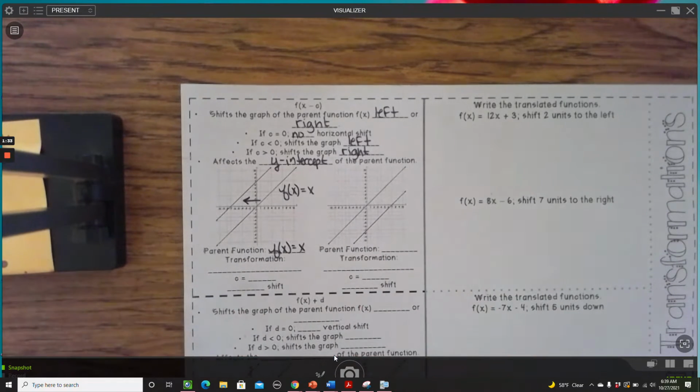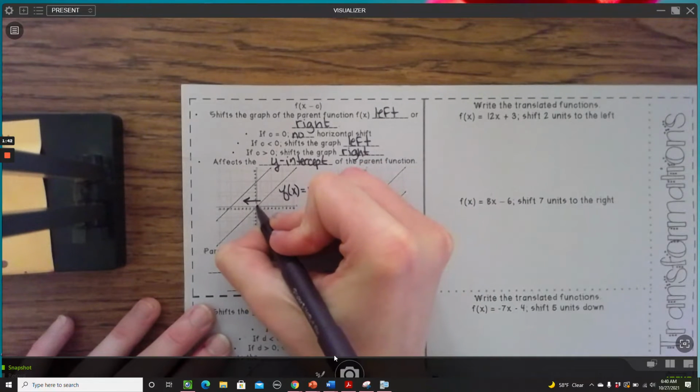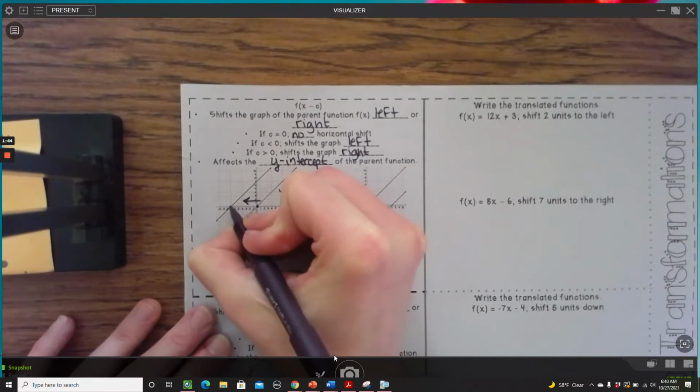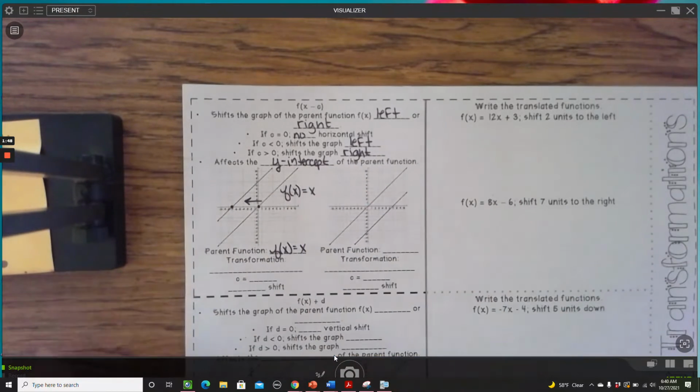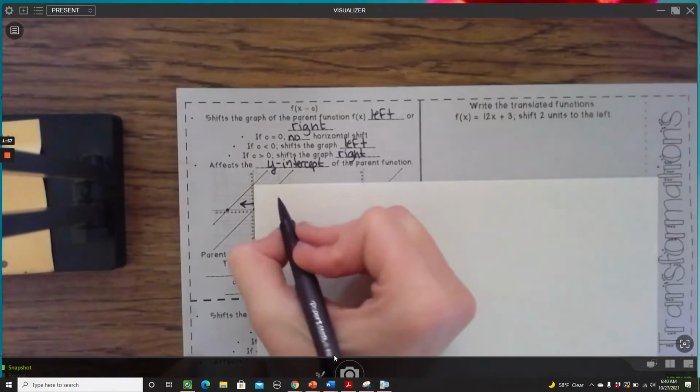So I've got to figure out how much I shifted it. You try to find a nice pretty point, and we can use the origin here. Along the x-axis, it shifted to -7. So it shifted 7 to the left.